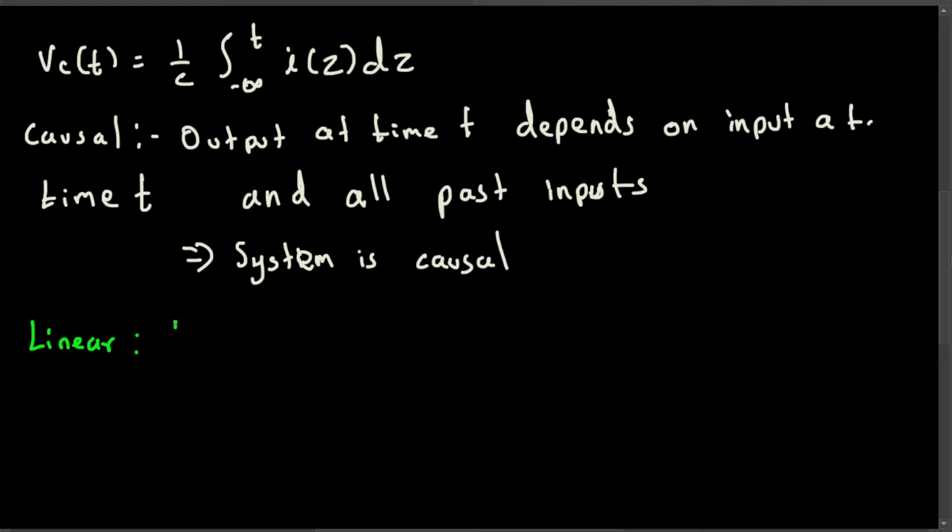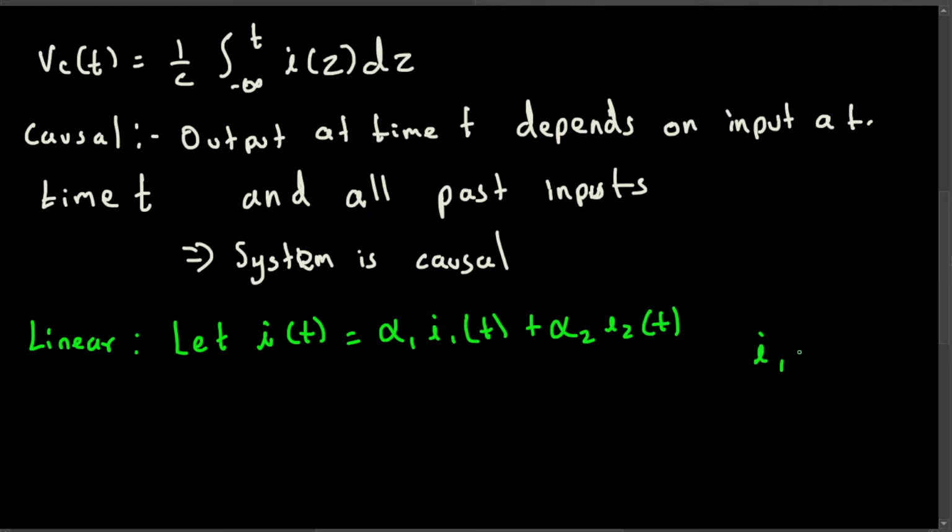So to check the linear, what we can do is we let I of t is equal to alpha 1 I1 of t plus alpha 2 I2 of t, and I1 of t should give the output of y1 of t, and then I2 of t should give the output of y2 of t. Let's see if that happens.